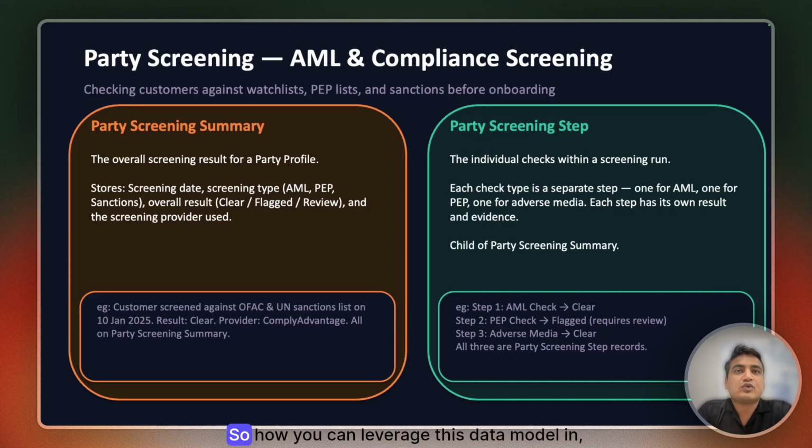So how can you leverage this data model in that case? You would create a party screening summary record for AML, and for the multiple checks and parameters they have checked, you can create the steps records. So these objects can be utilized in both ways based on your business use case.